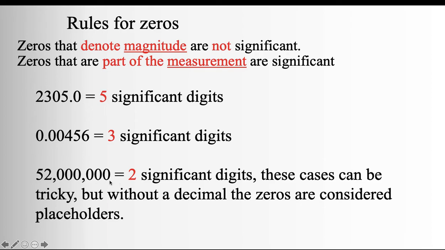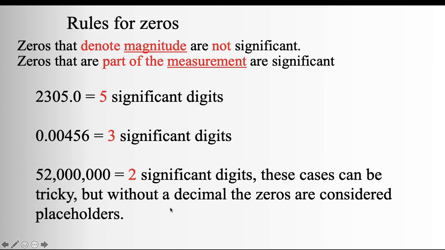So in this case, if I put a decimal place right here, that means that all of these zeros now are significant, and this number would have 8 significant digits. So 2 and 6, 8 digits. But if I don't have, the way it's written, I don't have a decimal point there, which means that the zeros are just placeholders and they're not significant. I only have 2 significant digits.